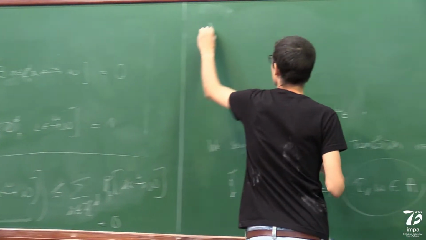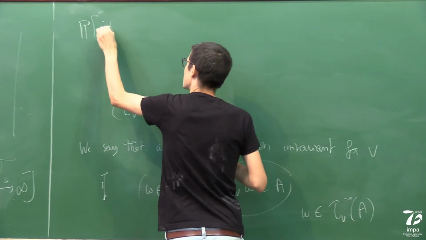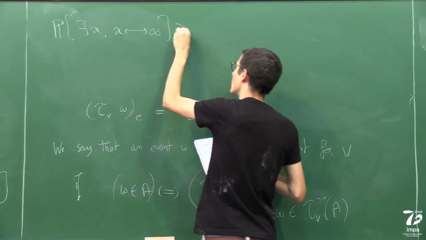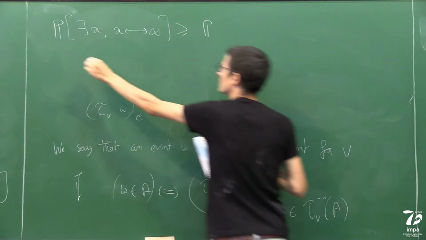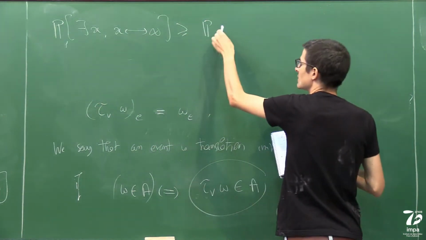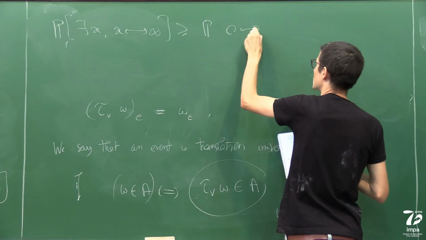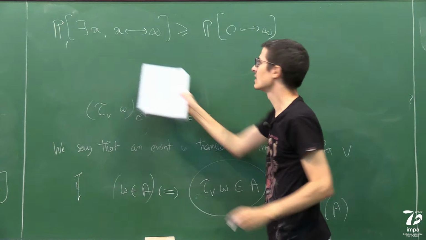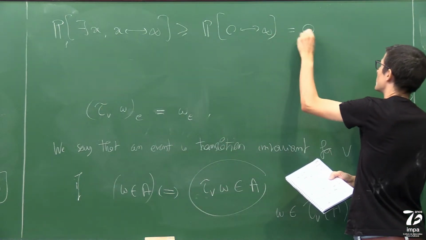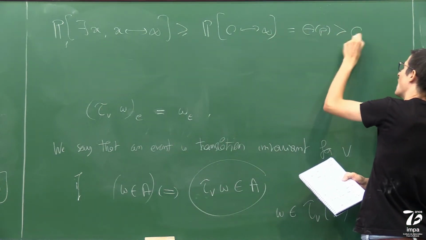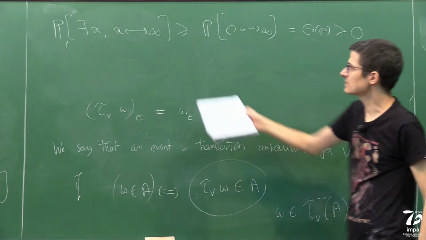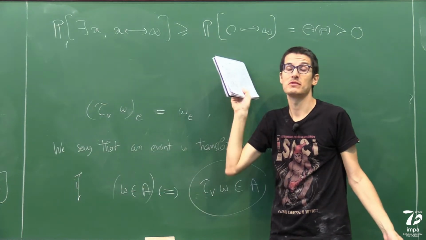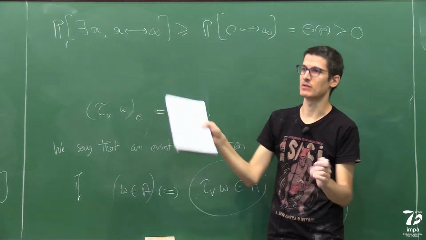So what we have is that the probability that there exists x such that x is connected to infinity, of course, is larger than the probability that 0 is connected to infinity, just because this event is included in that. And this is equal to theta p, which is larger than 0. So this event has either probability 0 or 1, but it has a probability which is strictly larger than 0, so then it has to be equal to 1.